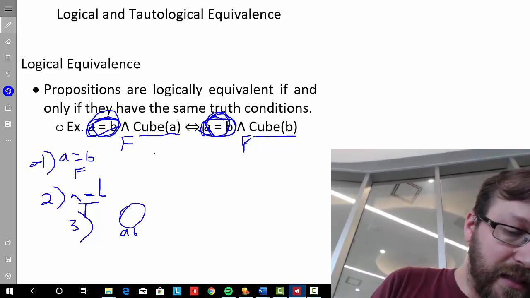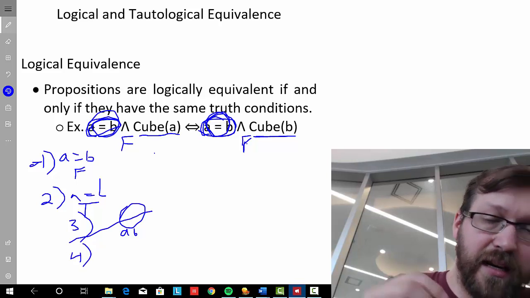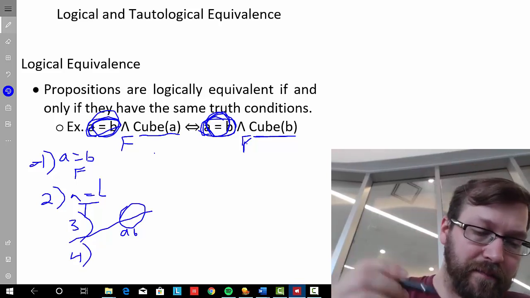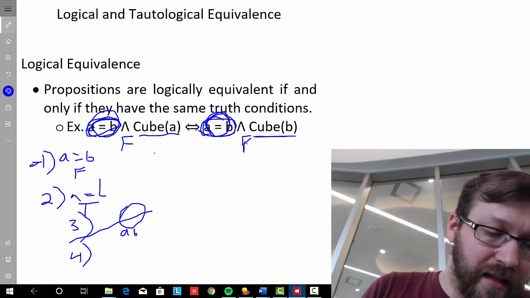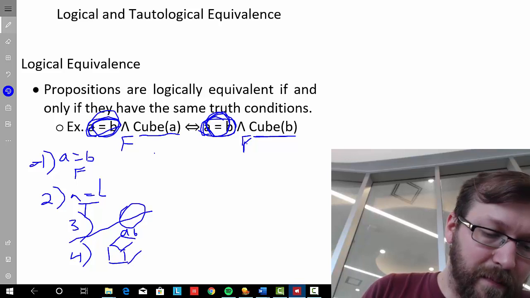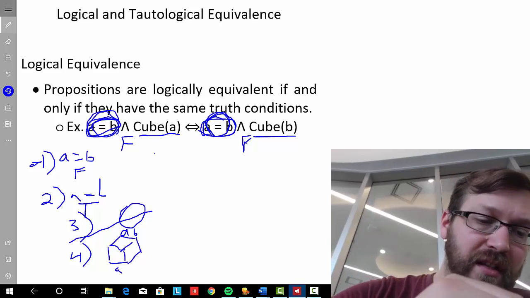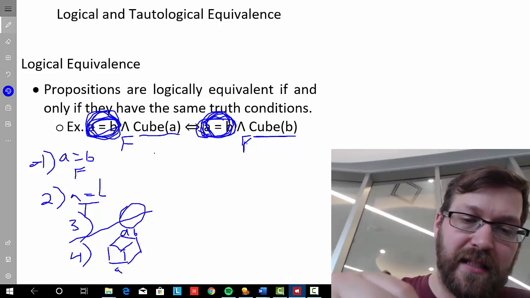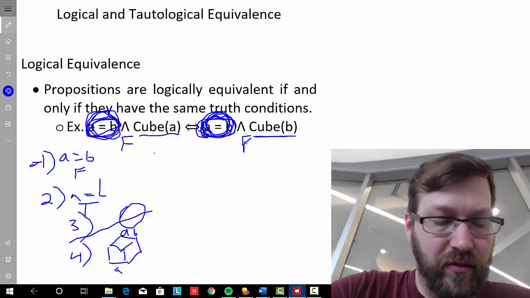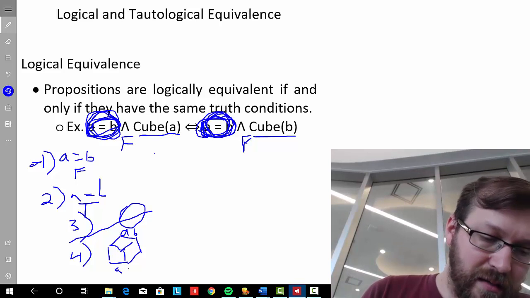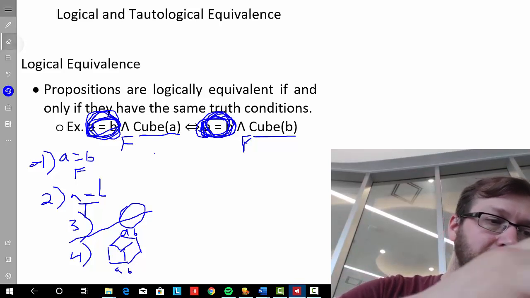The other possibility, under the assumption that A and B really are identical, is that A is a cube. But then again, since this is under the assumption that A is identical to B, B is going to have to be a cube.